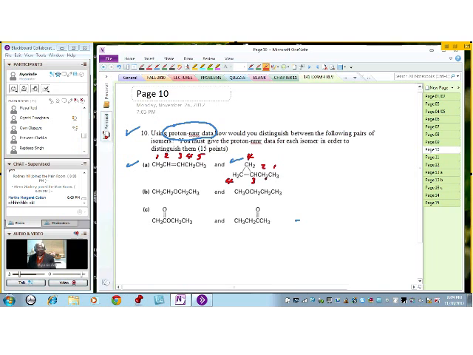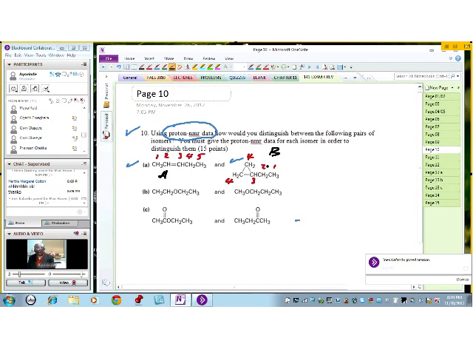Okay. So anyway, in this particular instance here, we can use the proton NMR spectrum to distinguish between this molecule here. Let me call this molecule B, and let us call this A. We could use proton NMR data to distinguish between molecule A and molecule B, because in molecule A, you will have 5 different signals.